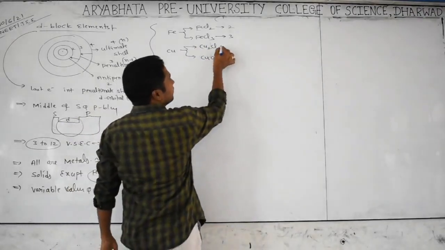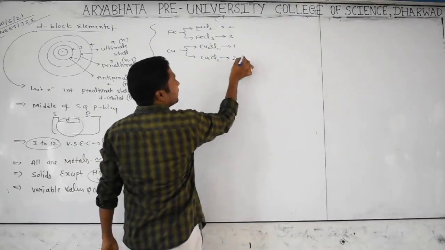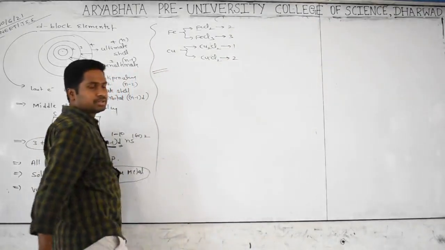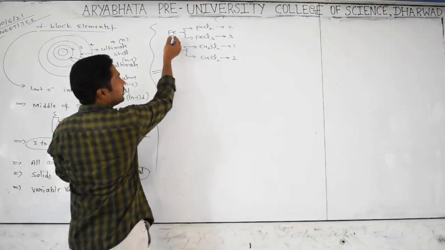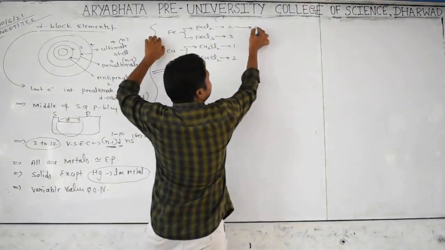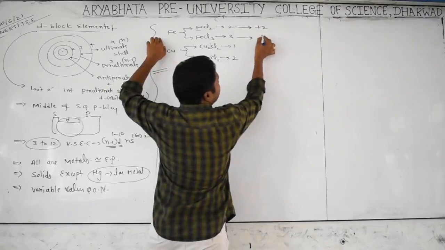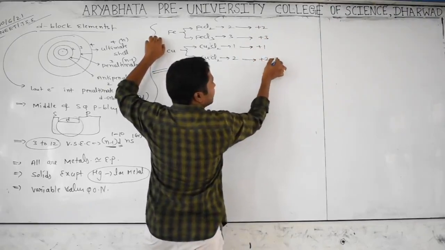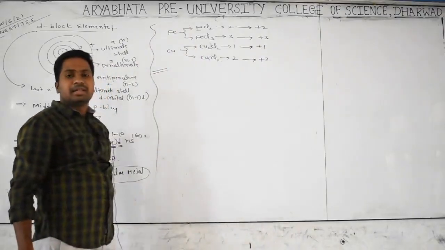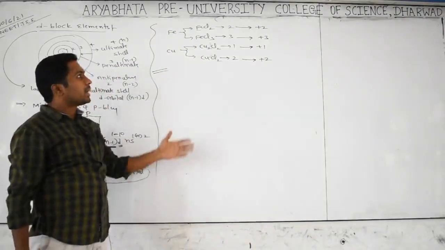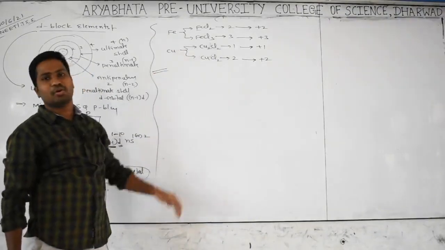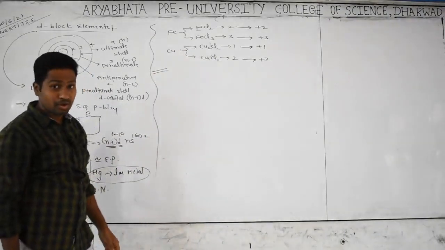Here the copper valency is 1, and here it is 2. Coming to oxidation numbers, for iron it is +2 and +3, and for copper +1 and +2. This means d block elements have the capacity to show variable valencies and oxidation numbers. Are you clear?